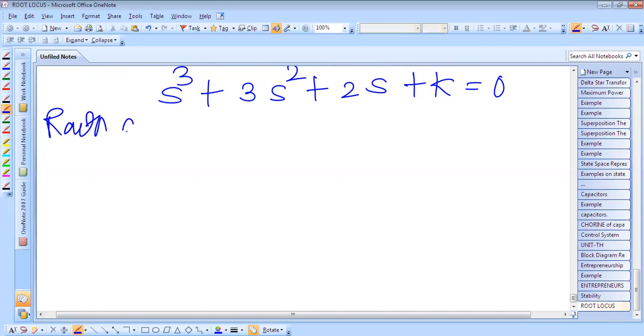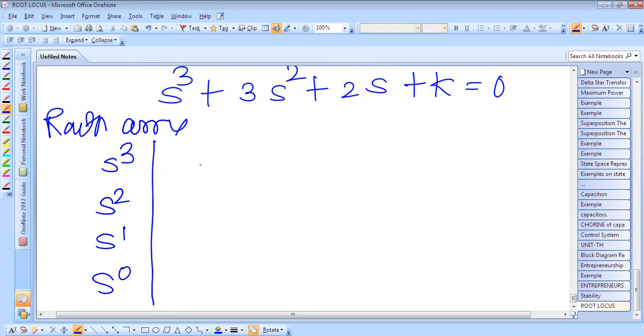Routh array: s cube, s square, s1, s0. So it is 1, 2.